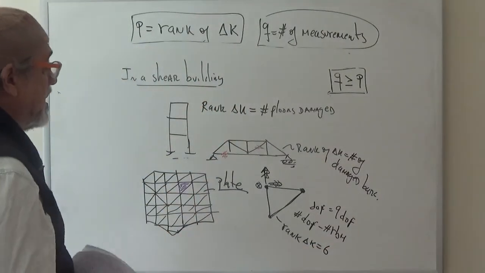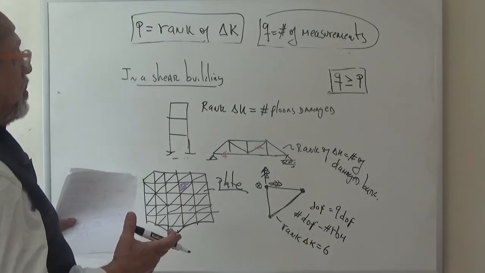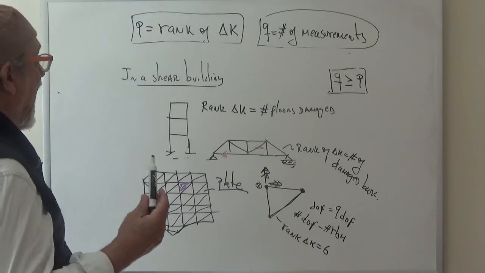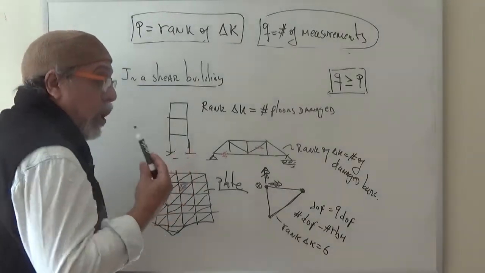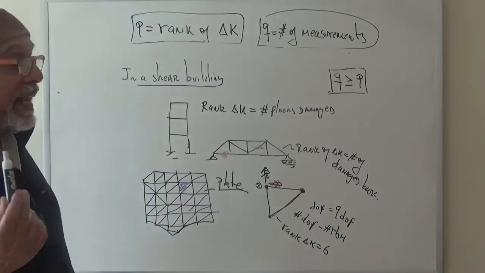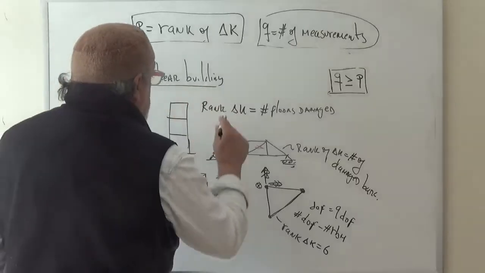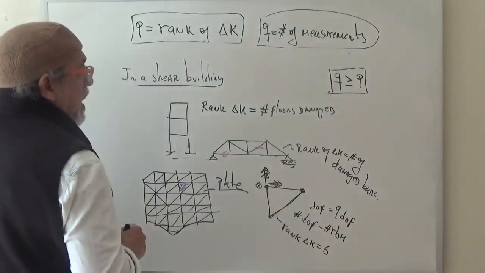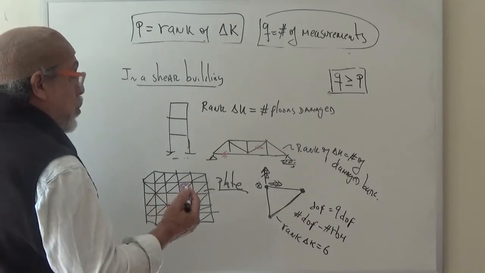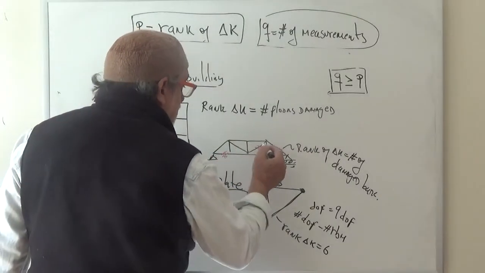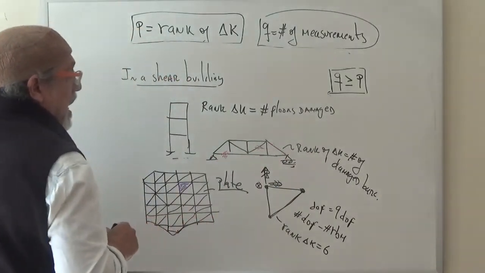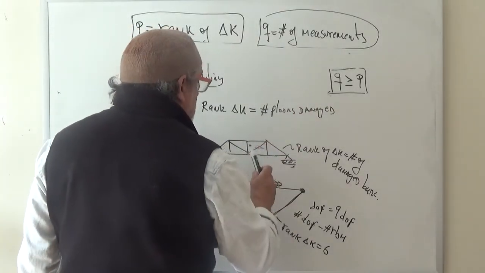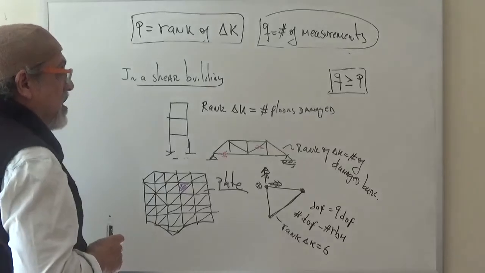This generalizes the idea to say simply that when we have a model of a structure and an element on that structure suffers damage, meaning we change its properties, how much is the change in the rank of the change in the stiffness?